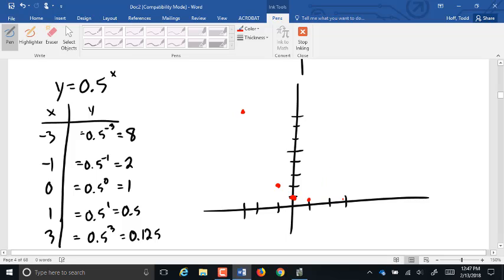At 1, we're at 0.5, and at 3, we're at 1/8. It looks to be a very similar curve, but what's the difference here? Yeah, it starts high and goes low. As we get into the negative numbers, it goes high. As we get into the positive numbers, the larger the positive number gets, the closer and closer we get to 0.